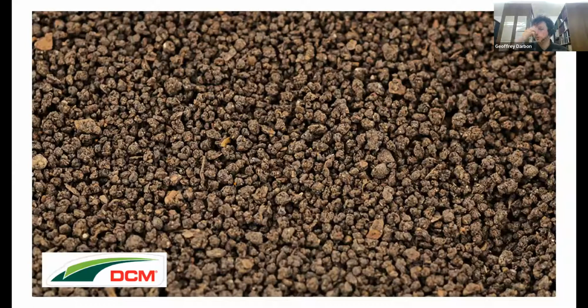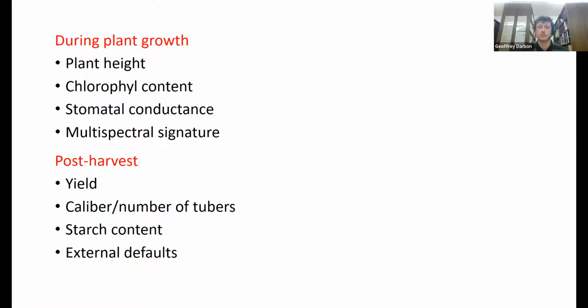We also used milligram from DCM, and this is what it looks like. It's a microgranulate. We measured various parameters during plant growth and also post-harvest. I'm not going to present everything today.